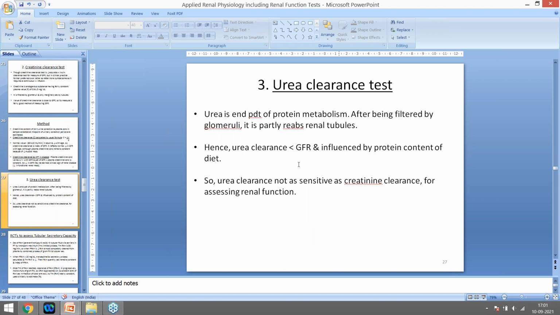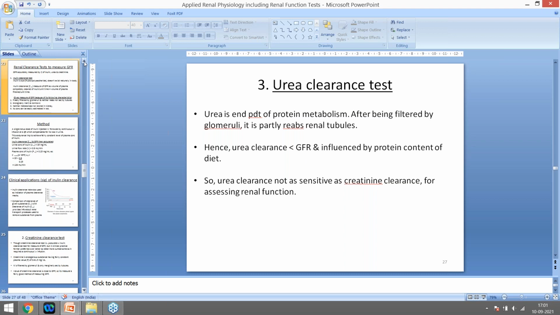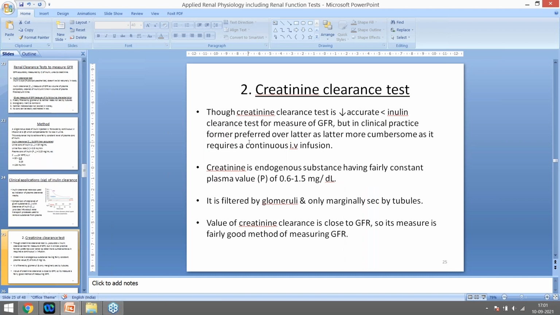Why is it not considered as sensitive as creatinine clearance? And someone can ask why is creatinine clearance test more used in clinical practice? Why is it preferred over the inulin test? So again, you will end up talking about the qualities creatinine has as a substance used for the clearance tests.